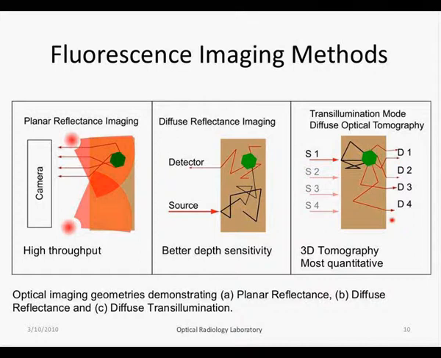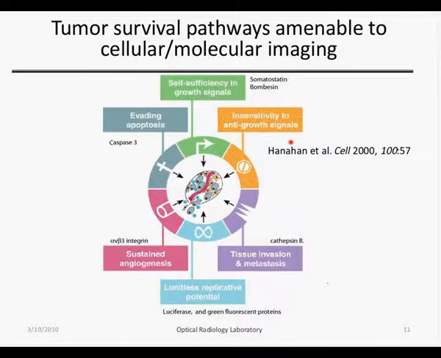Even better depth sensitivity is through tomography using transillumination, so the source and the detector on different sides of the subject, and that can provide 3D tomography, and is the most quantitative as far as fluorescence imaging goes.